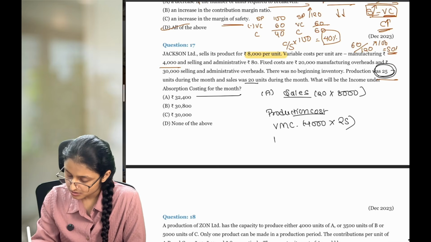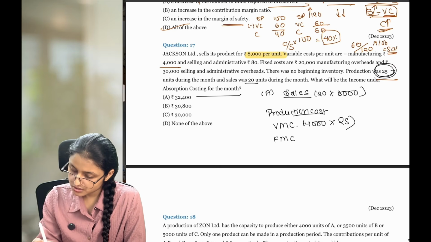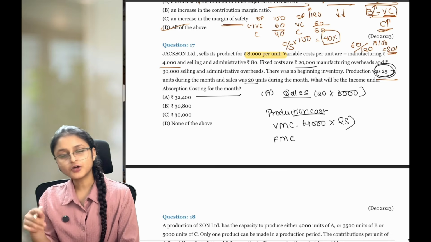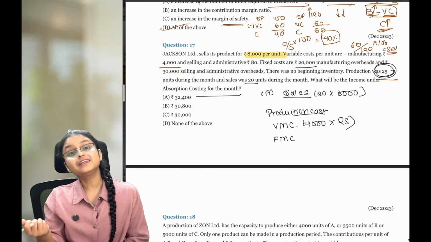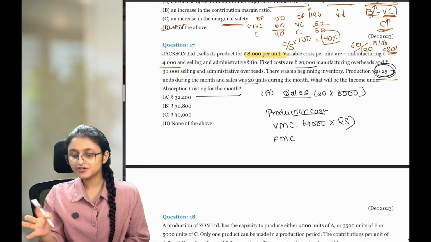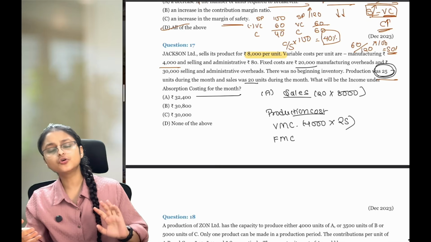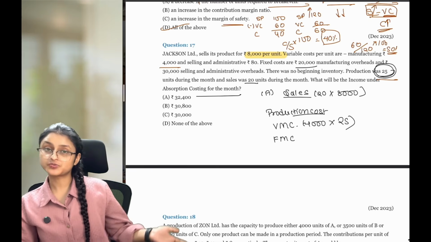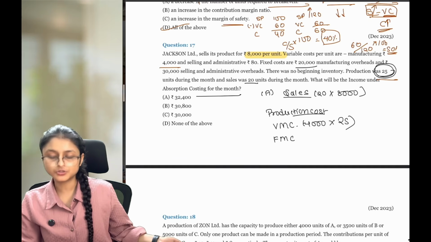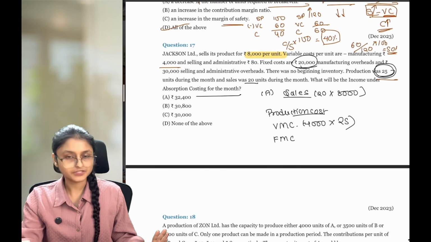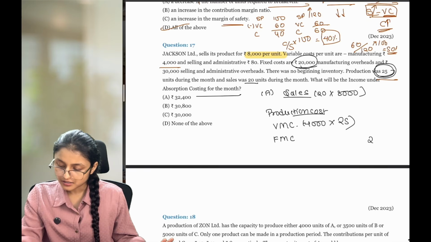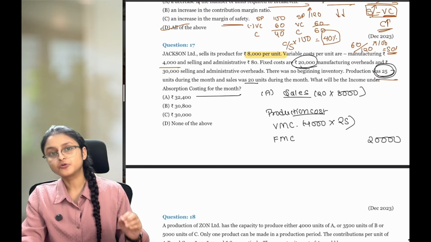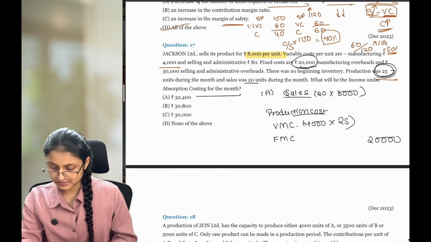Then our fixed manufacturing cost, which is 20,000. For fixed manufacturing cost, we calculate a predetermined rate in absorption costing. But for calculating predetermined rate, you should know the units which you expected to produce and the fixed cost which you expected, but all of that is not given to us. So we'll assume that this is the fixed cost of 20,000 and this is the exact amount which we are absorbing. Nothing else is different here.